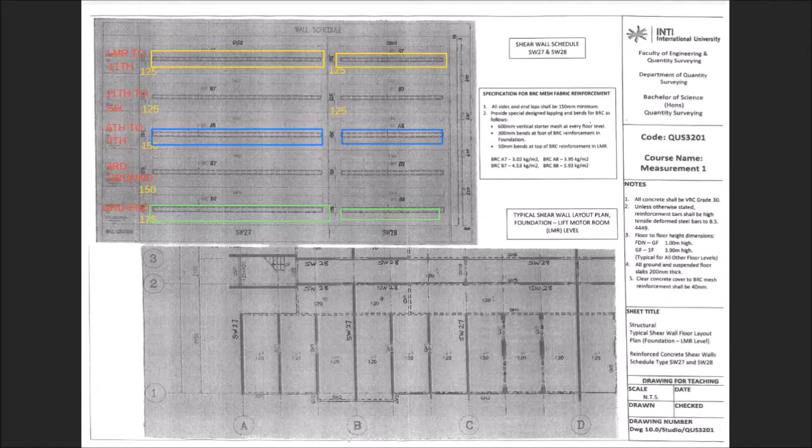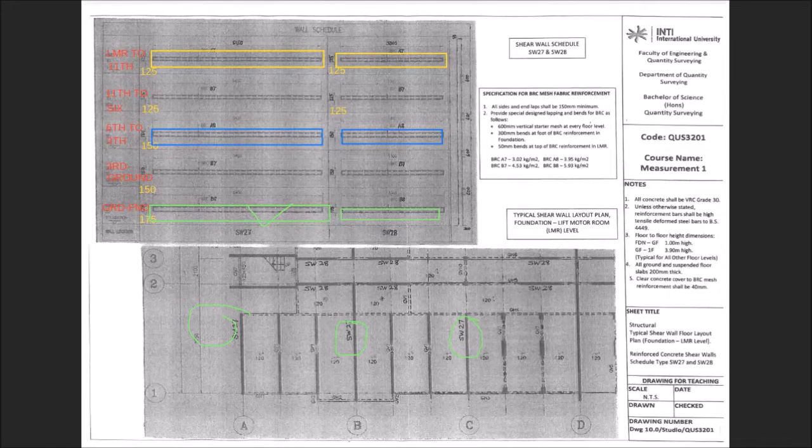Now from this layout plan, I also would like you to take note of the SW27 in the same color. Even though you see SW27 in the level, for each of these SW27, for example, if you want to measure the green color, every time you measure SW27, you have to times it with 3 numbers, because in each layout plan, SW27 has 3 numbers.